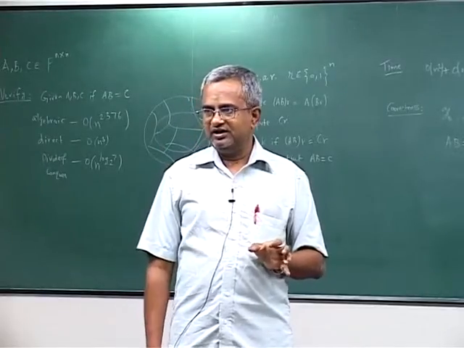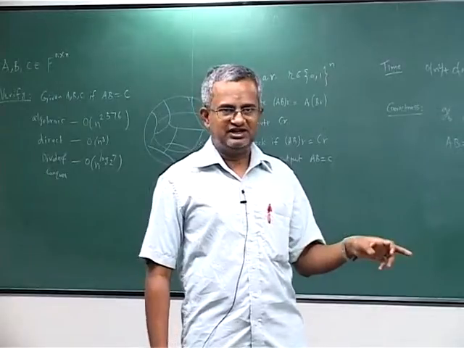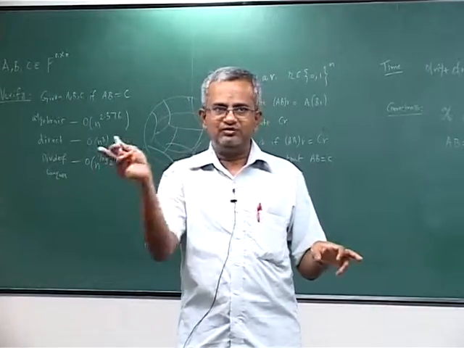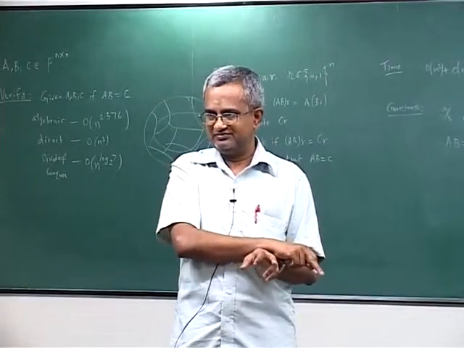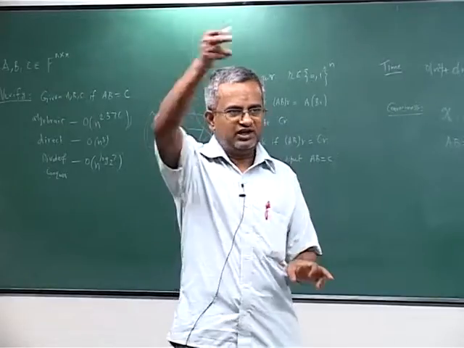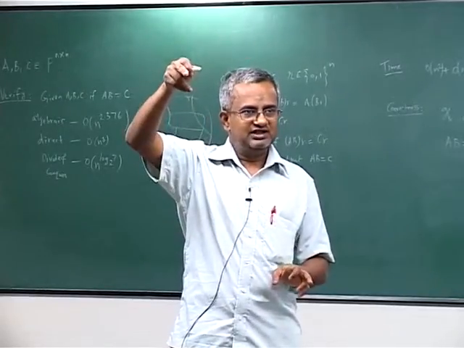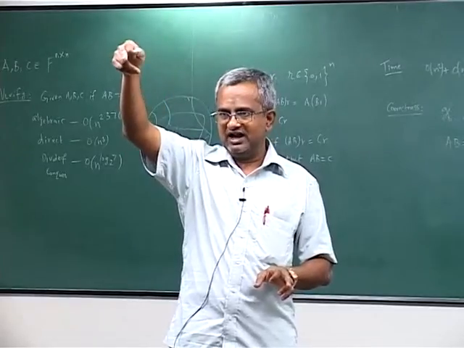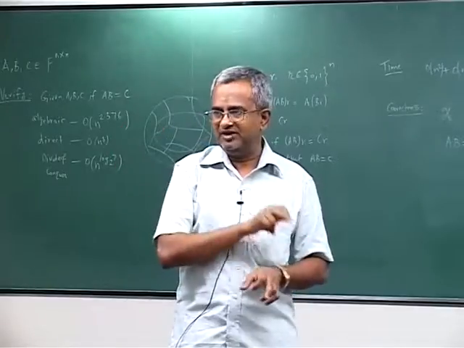Now, if it says yes, x is indeed a majority, then you can fill up the remaining more than n by 2 entries with an element other than x. Since you have looked at only less than n by 2 entries, there are more than n by 2 entries which you have not looked at, and they are all going to be filled up with something other than x, and that is going to be the majority. So x will not be a majority.